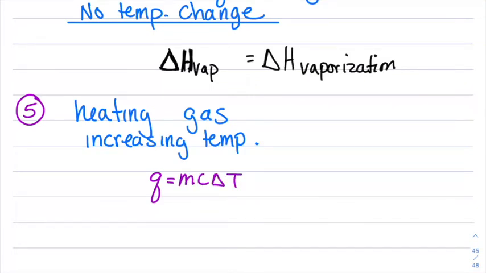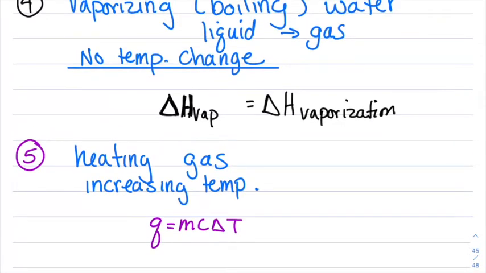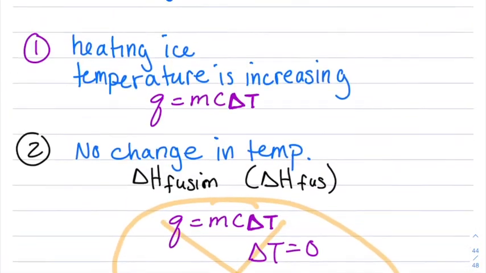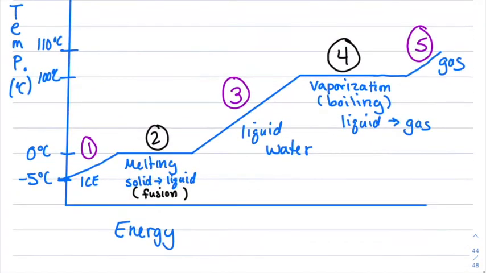All right. So any questions on how we're setting this up? Any questions about why some of them we get to use Q equals MC delta T and some of them we have to use delta H values? All right. So what I want to do is go back here, and I'm just going to go ahead and label everything.